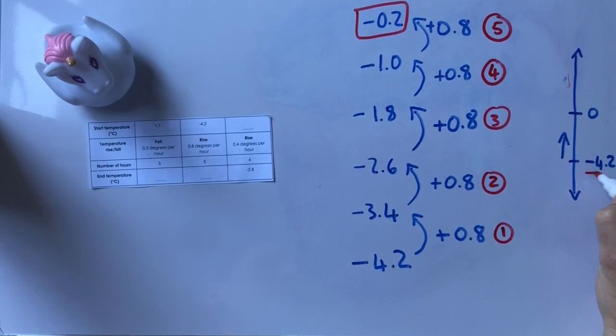We were at negative 4.2, we rose the temperature, and we got negative 0.2. Did it get warmer? Yes, it definitely got warmer, because I'd rather live in negative 0.2 than in negative 4.2. So this is a better, or a higher number than this. So we definitely increased the temperature.